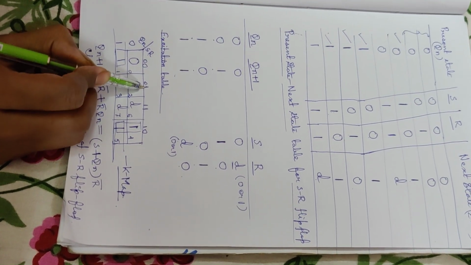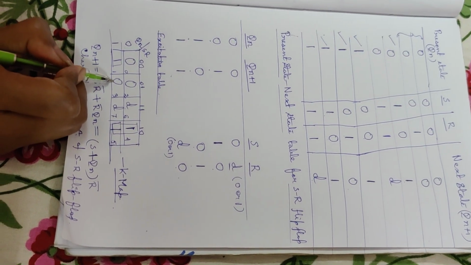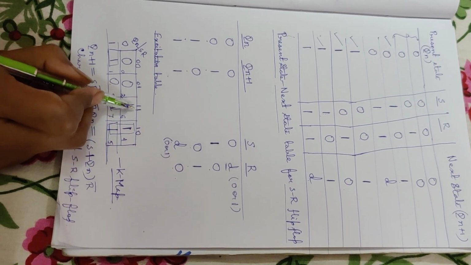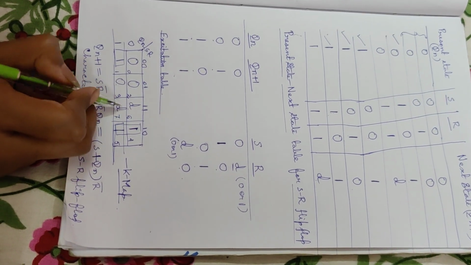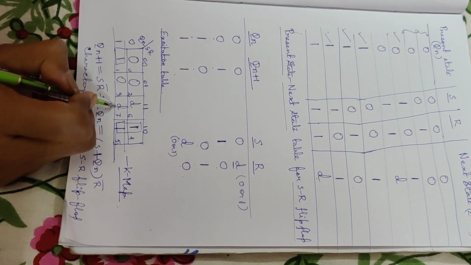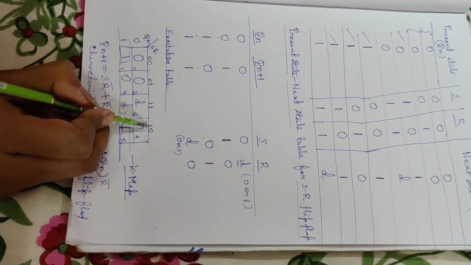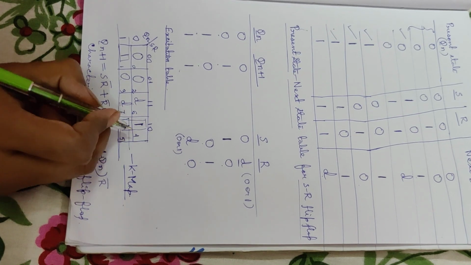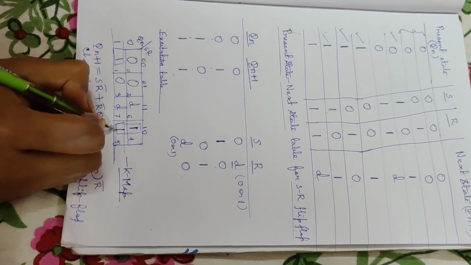That means the next state output will be 0. 0 here is the value of next state output. Again, both are 1, S and R. So the next state output will be D, don't care. Again, S equal to 1, R equal to 0. That means the next state output will be set. That is, it will be 1.